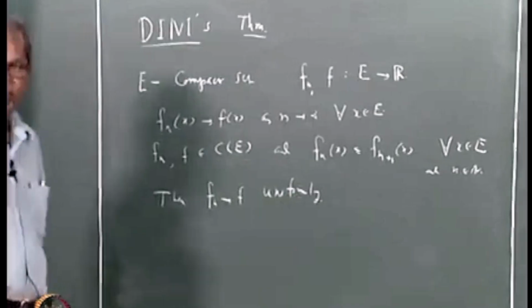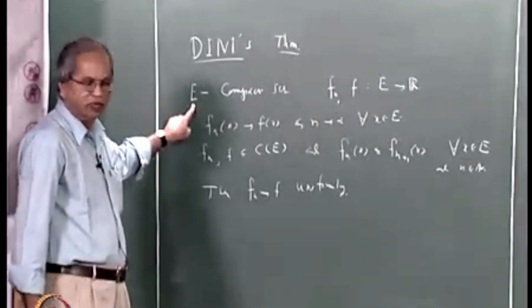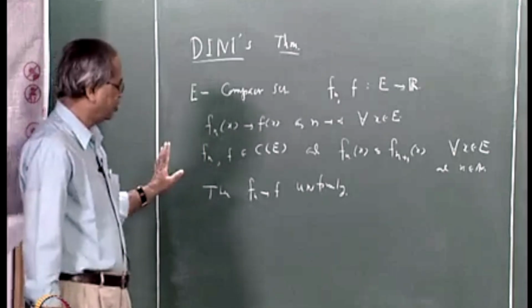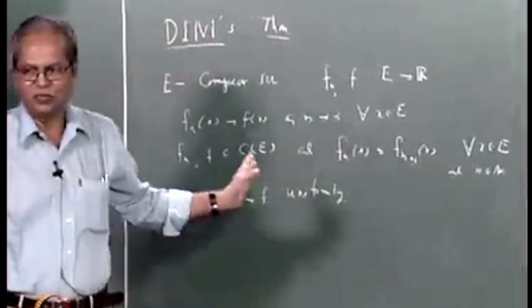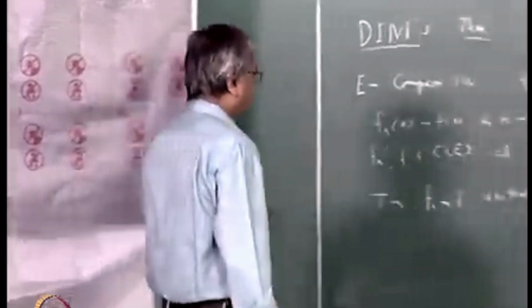This is the theorem. What are the additional requirements? E is a compact set, Fn as well as F are all continuous functions, and Fn is monotonic. Here we have taken a monotonically increasing sequence, but a similar thing can be proved if you take a monotonically decreasing sequence.